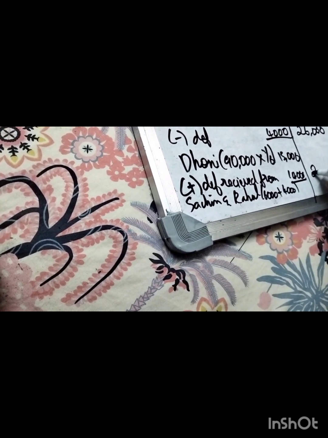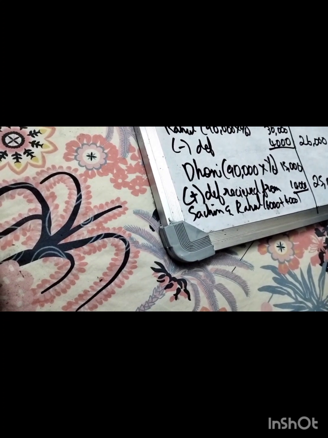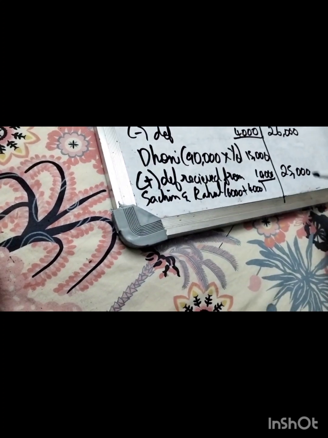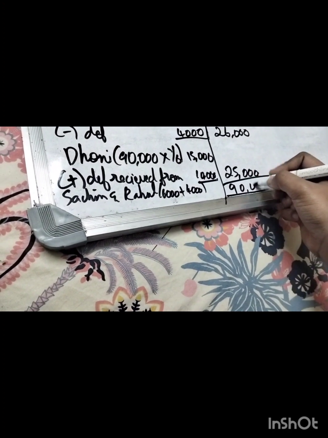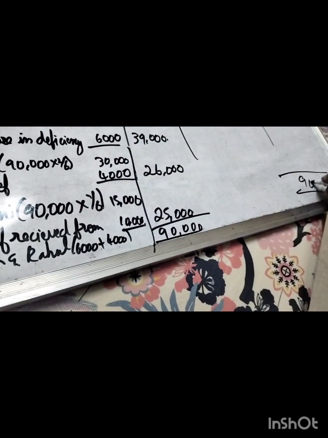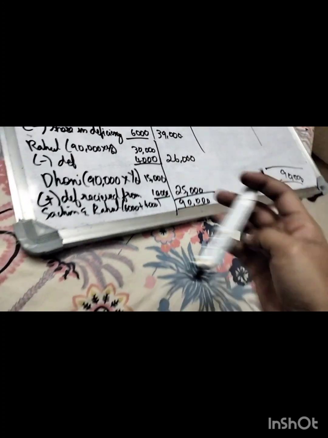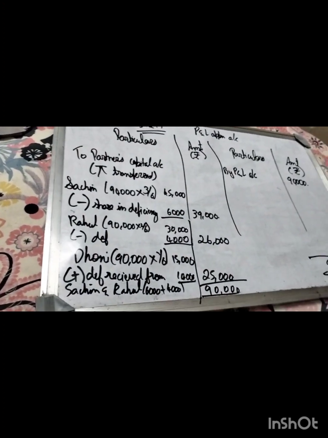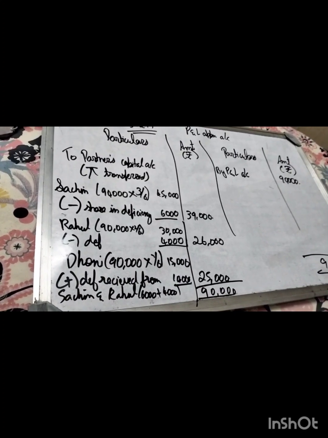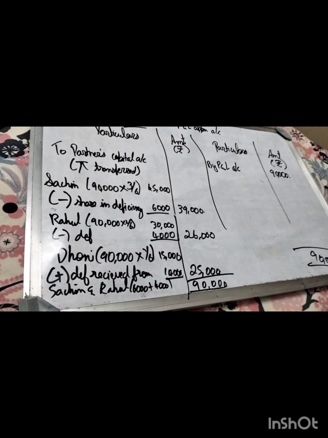The total of 15 plus 10 is 25,000. When you add these, the total is going to remain the same, 90,000. Make sure that you draw lines after each question. Make sure that your sum is neat. I literally have no space on my board, and that's why it's just so messed up.